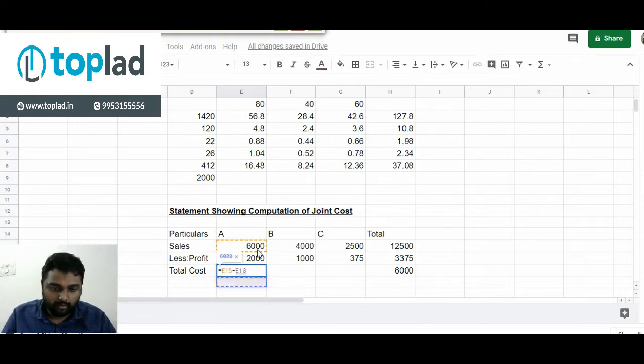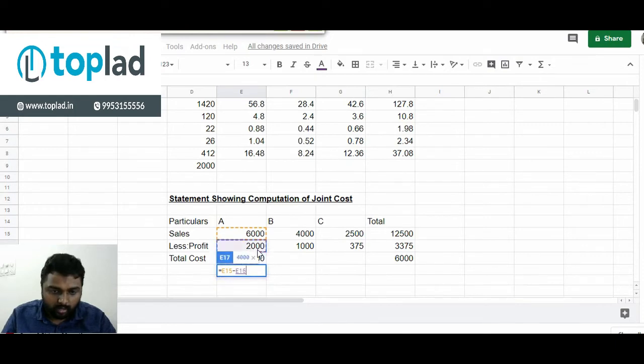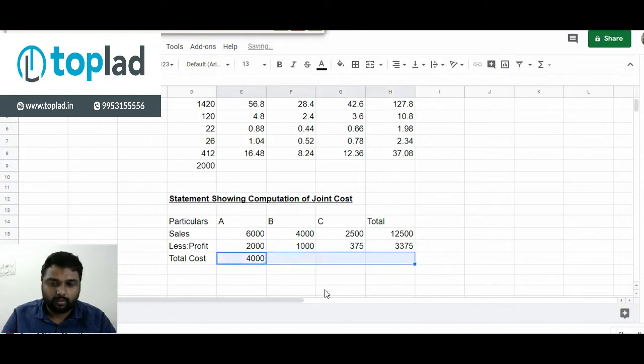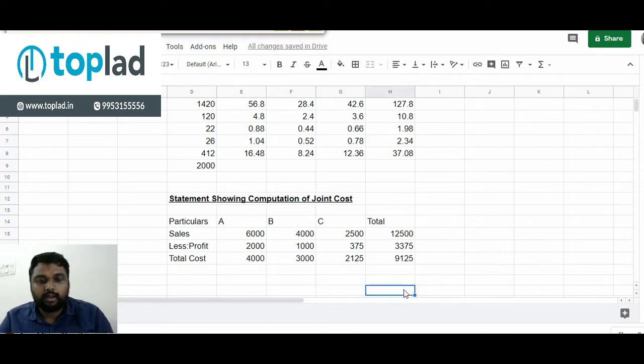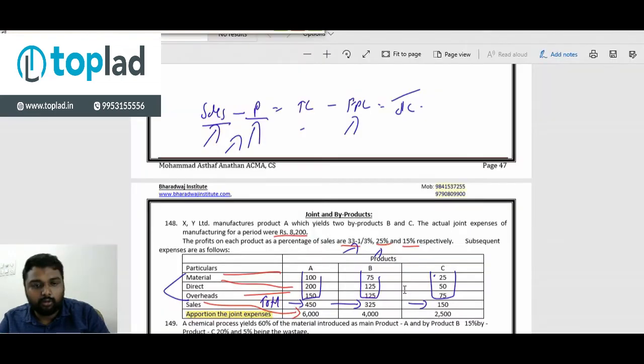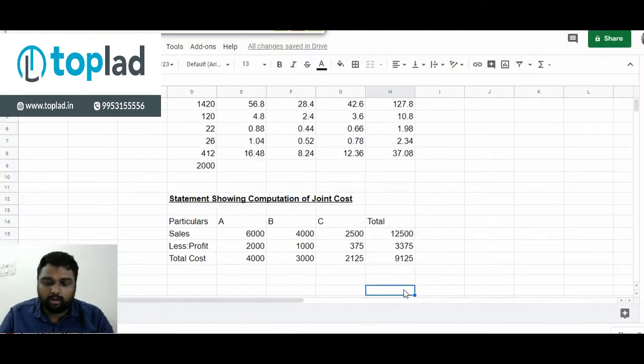What is the profit? 2,000. So it will be 4,000. We will get our total cost answer. So how to apportion? Sales minus profit gives total cost, minus further process cost we will get what? Joint cost. So we got total cost so far.